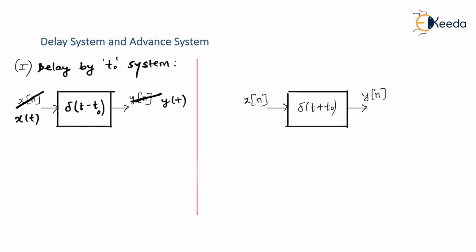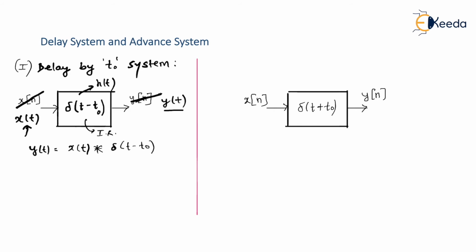Let us see what we have done over here. We know that if this is a system, then whatever is written inside the system is always considered to be the impulse response. If this is y of t, this is h of t, and this is x of t, then we know the relation between them. We write y of t is equal to input x of t convolved with its impulse response. But the impulse response is what? It is del of t minus t naught.